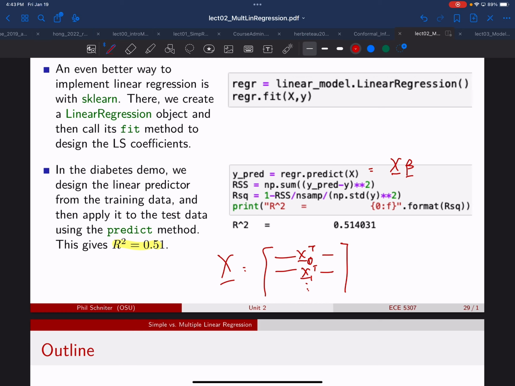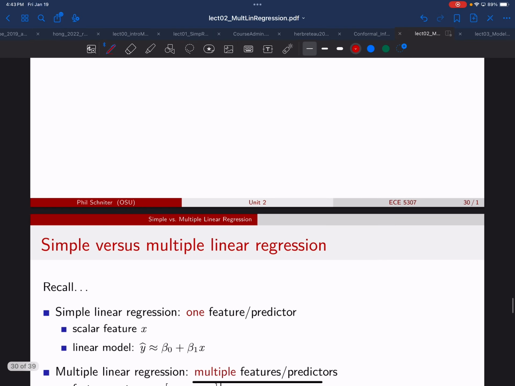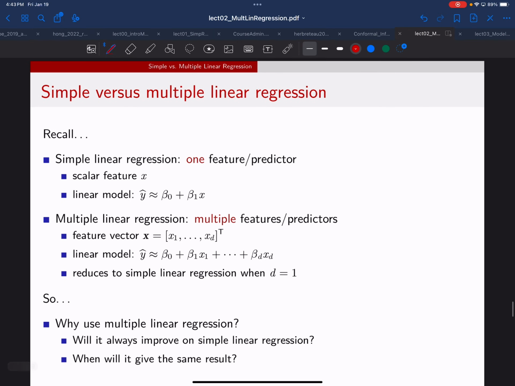All right, so now we know how to do things. Now let's step back and compare the thing we did in Unit 1 and the thing we did here in Unit 2. In Unit 1, we had a single scalar feature x, and we came up with a linear model that involved one feature. Sometimes we call it a predictor.